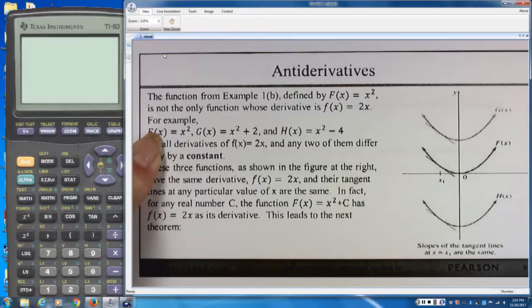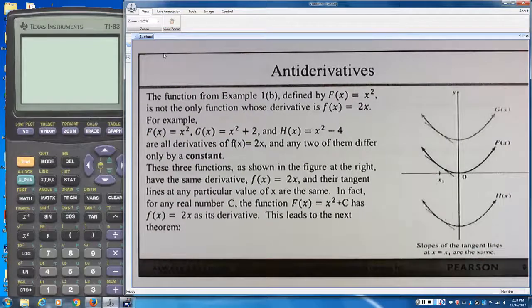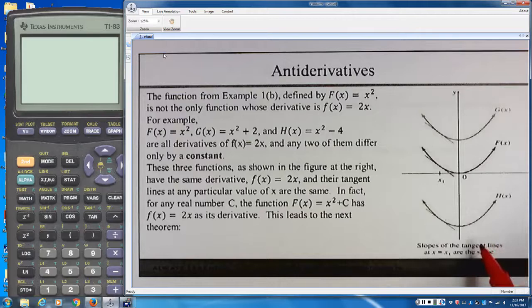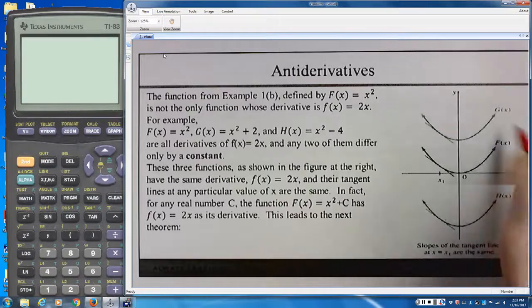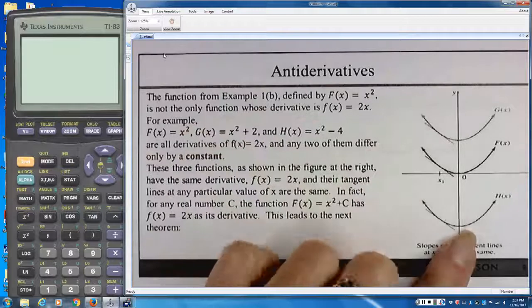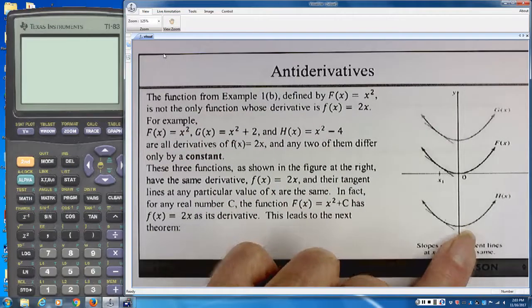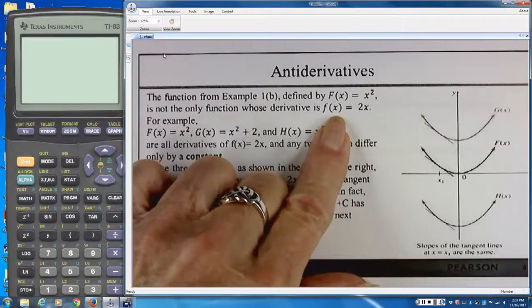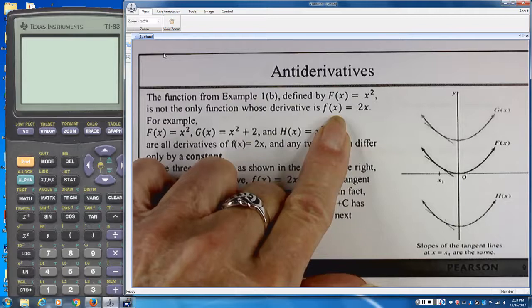X squared minus 12 million has a derivative of 2x, because that's the rate of change function. So here, all three of these functions, this one is g of x, f of x, and h of x, all three of these functions have that derivative. All three of them do.